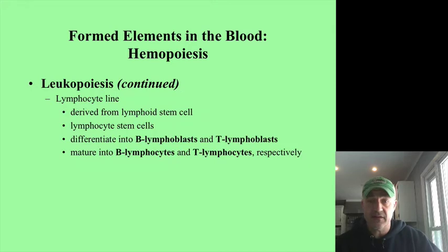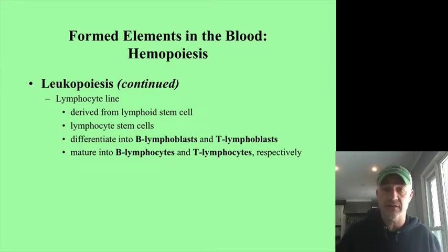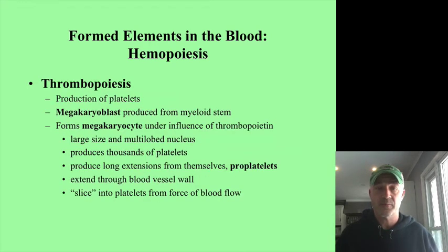And then finally you have the lymphocyte cell line, which is from that lymphoid branch that is going to either become B or T lymphocytes. We're going to come back and talk about those in a lot more detail in the immune system and what is going on with these different types of lymphocytes.